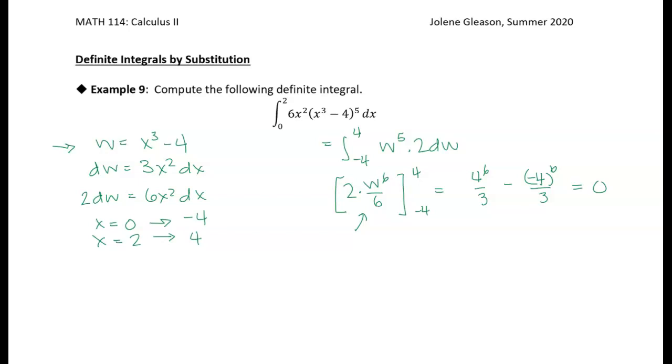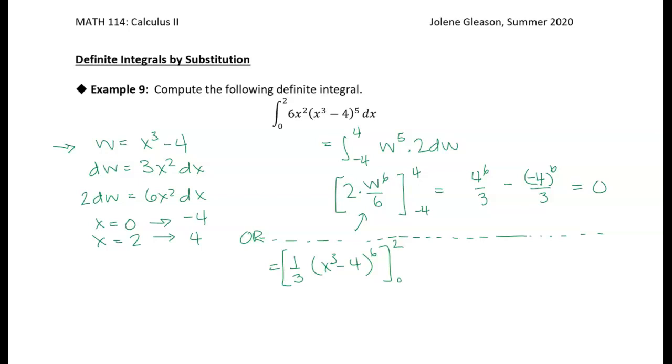So we could write this as 1/3, and it's w to the 6th, so it's x cubed minus 4 to the 6th, and we want to evaluate that using the original limits of integration. Okay, we'll actually put a little line here just to make sure that you recognize that this is just a different way of doing it.